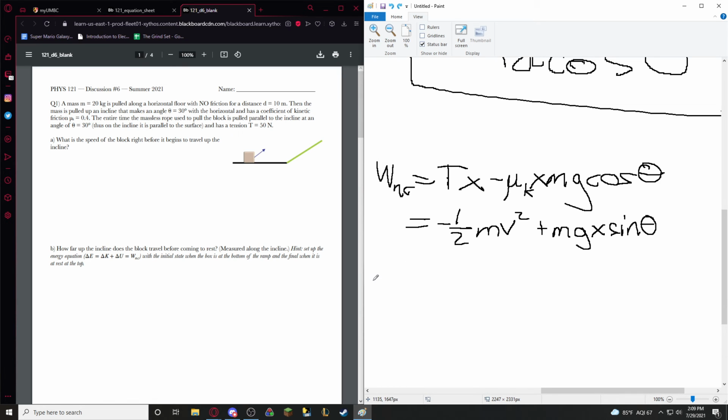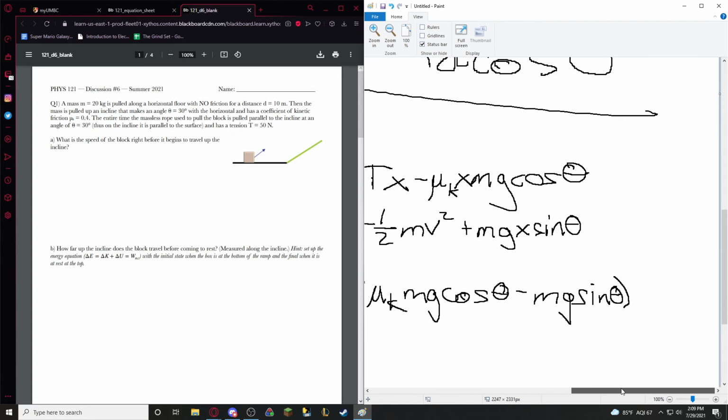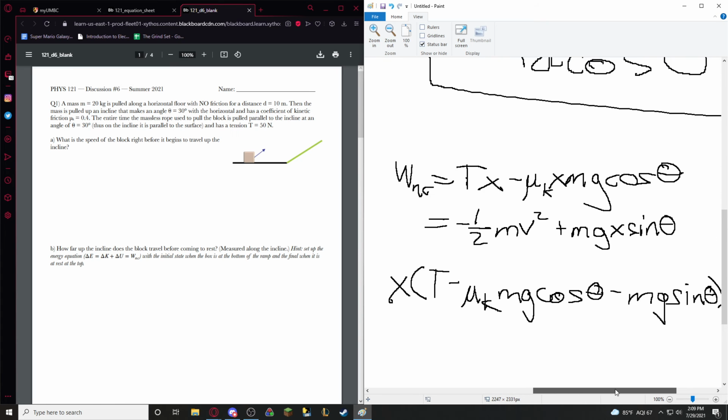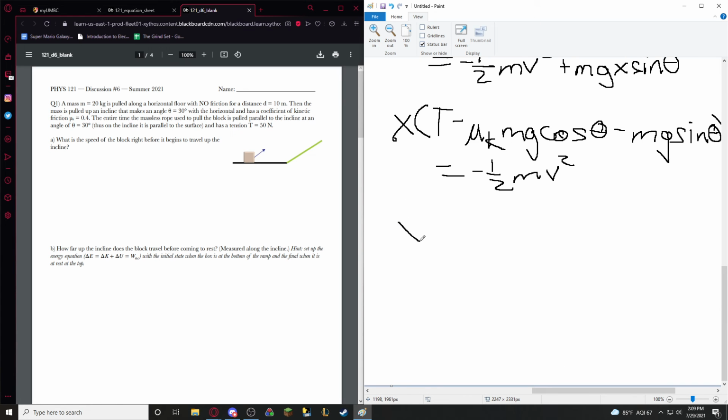So I'll have x times, in parentheses, tension minus mu k mg cosine theta, minus mg sine theta, is equal to negative half mv squared.